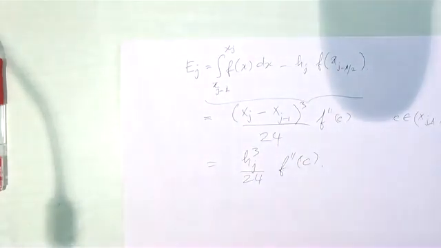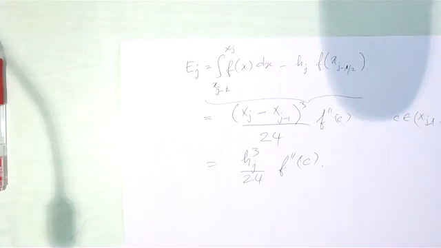And then we just sum up all the errors, right? So if we sum up all the errors, then we can show that the composite midpoint rule's errors can be written like this.